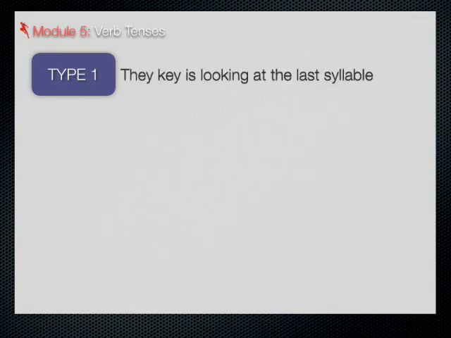The key to conjugating type 1 verbs into their te form and ta form is looking at the last letter or last syllable of the word. Type 1 verbs are definitely the most difficult to conjugate into their te form and ta form because there are different rules depending on what that last letter or syllable is. I'm going to lay them out for you here.